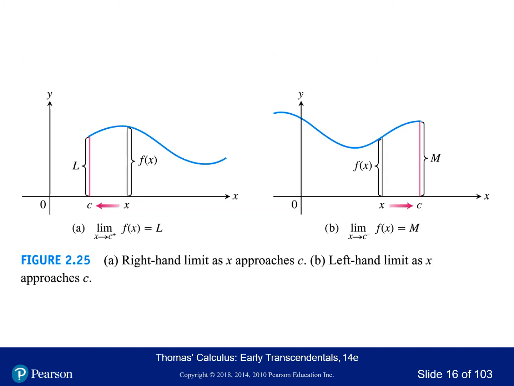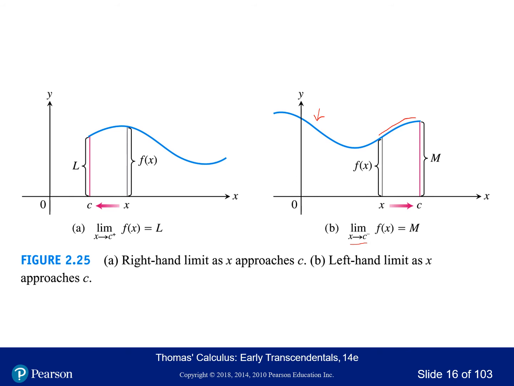This is a similar case, but we have a function on this side, which is f of x, and we want to look at the limit as x approaches c from the left. As x approaches c from the left, that means x is smaller than c. So the curve will move towards this end, and we know that this end has y equal to m.